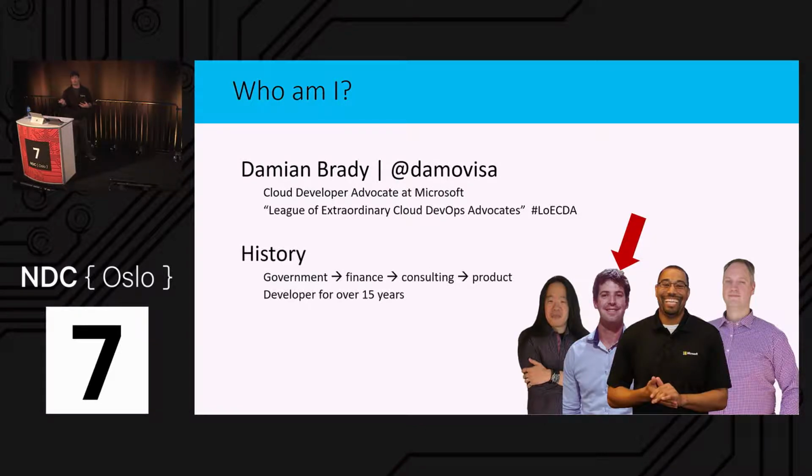Prior to that, I started about 15 years ago with software development, and I started in government, so I know how the government system kind of works, at least in Australia. I moved on, worked in a couple of different finance companies, building .NET solutions for internet banking and loans software. I moved from there into consulting, so I ended up visiting a lot of places and finding out how they did their DevOps process, although it wasn't called that then, it was just the process.